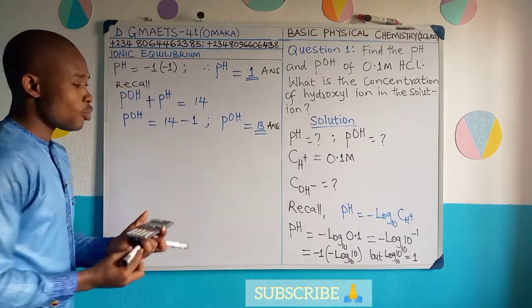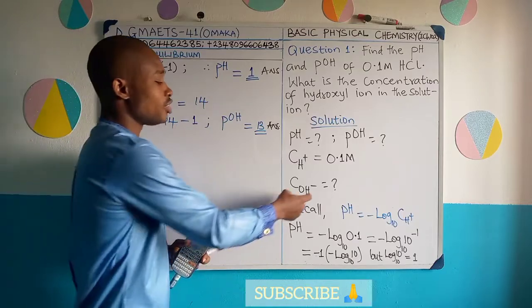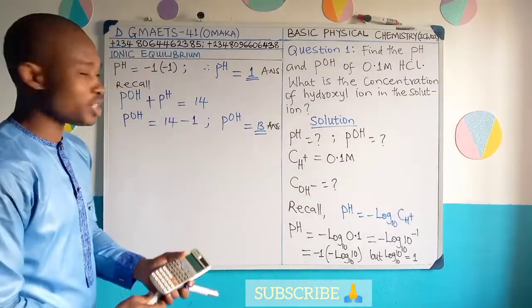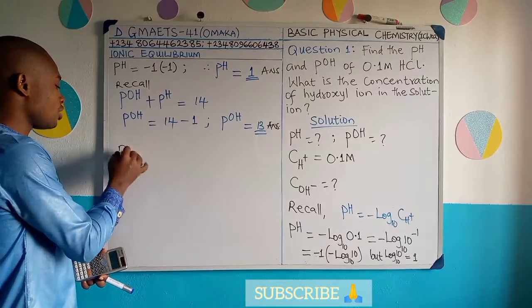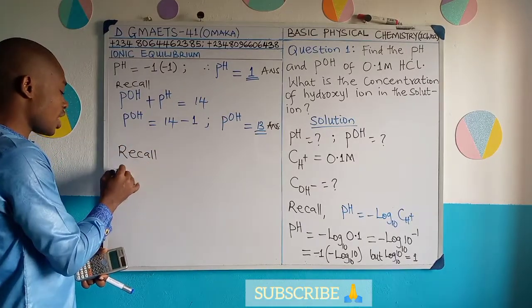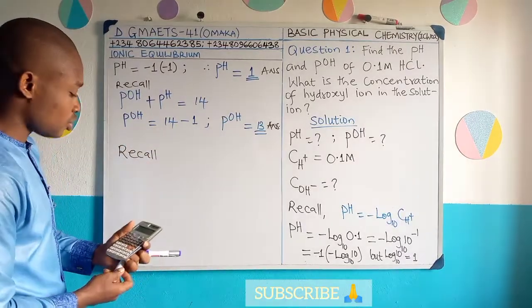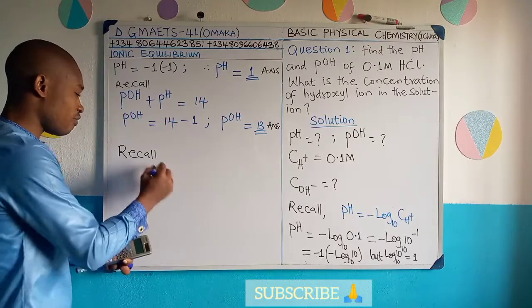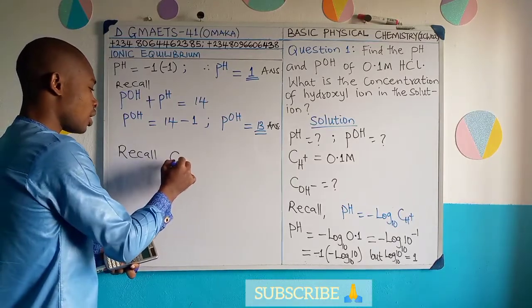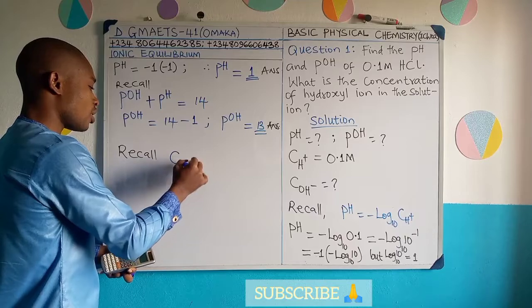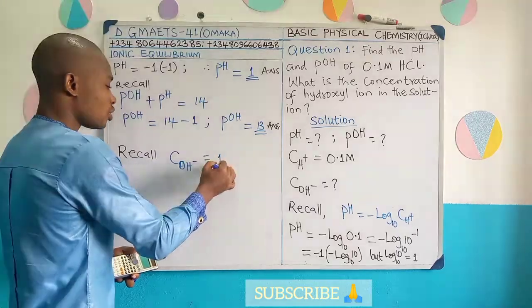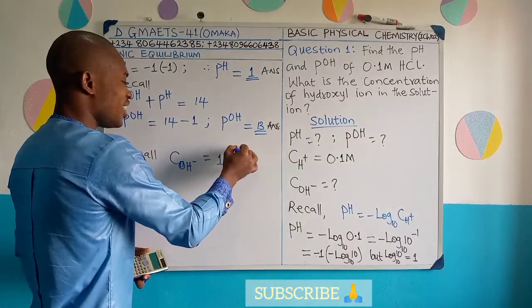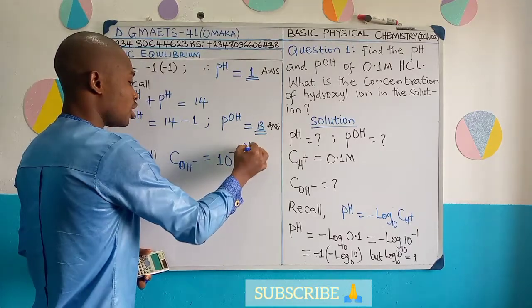The last part now, we have to determine the hydroxyl ion concentration. So again, I will write recall that hydroxyl ion concentration, which we have the formula to be this, is equal to 10 to the power of negative pOH.